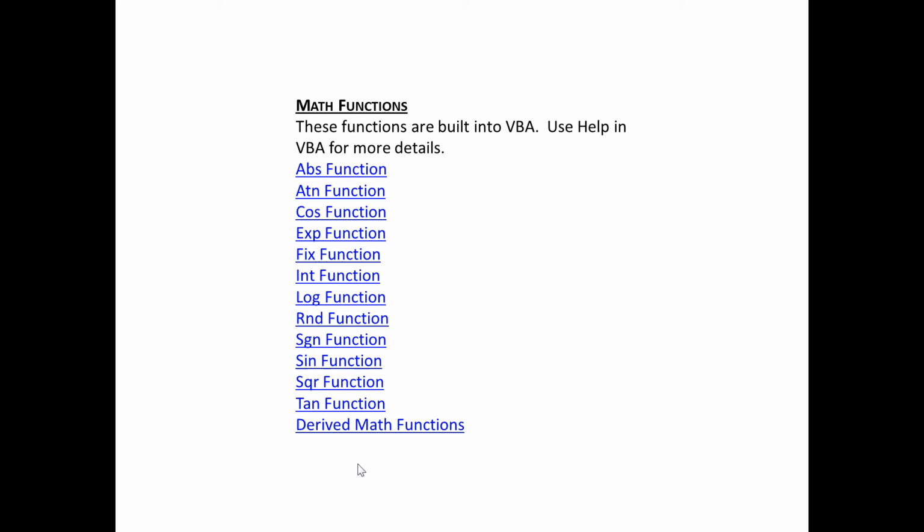So in addition to variable types, it's also important to know the functions that are built into Excel. We can write our own functions for virtually anything that we want to do, but there are built-in functions, and I would recommend that you become familiar with them so you know how they work and how to implement them.